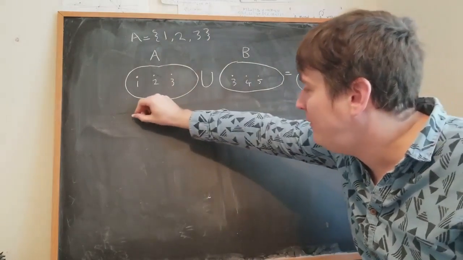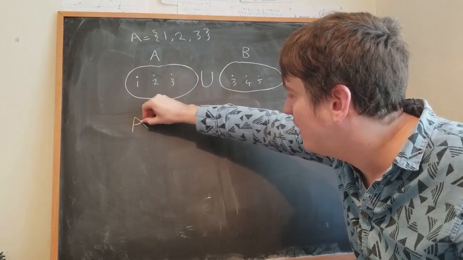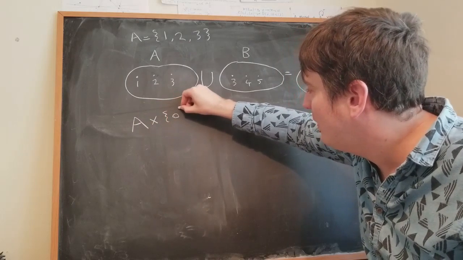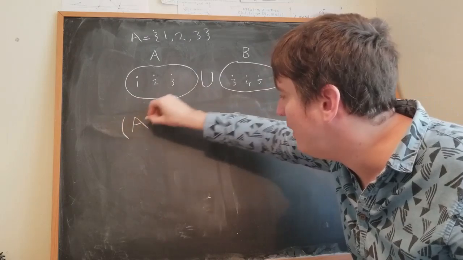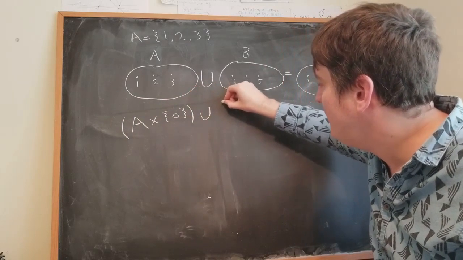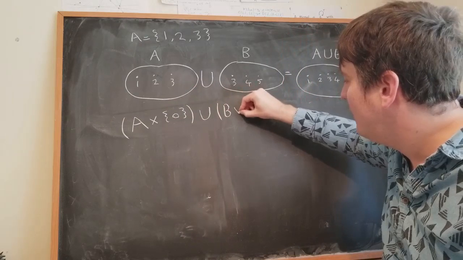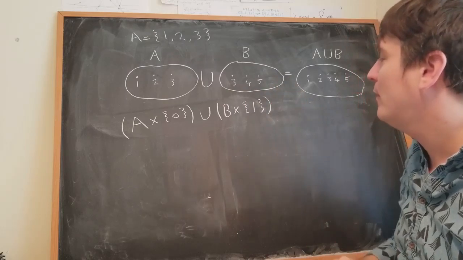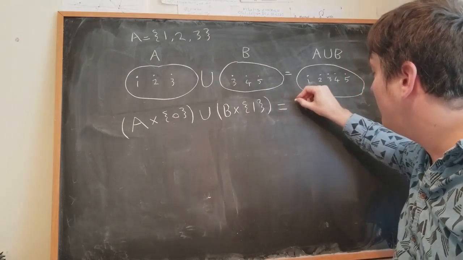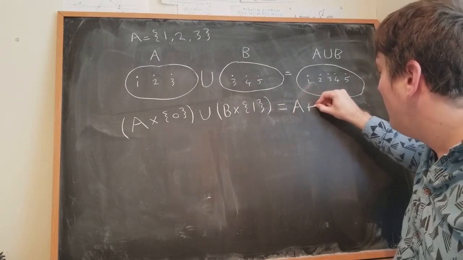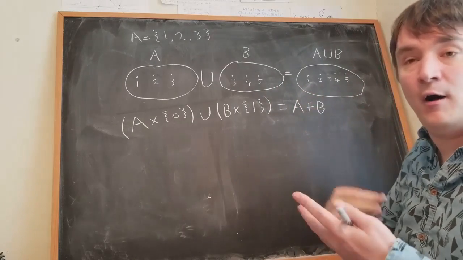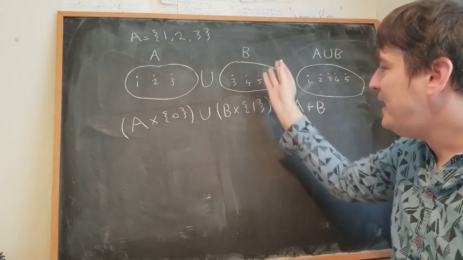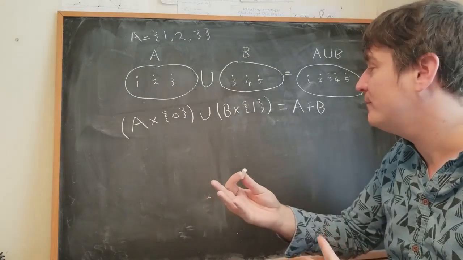We can write it as A Cartesian producted with the singleton set just containing 0, union B Cartesian producted with the singleton set containing 1. We can think of this as what the coproduct of a pair of objects A and B is in the category Set.